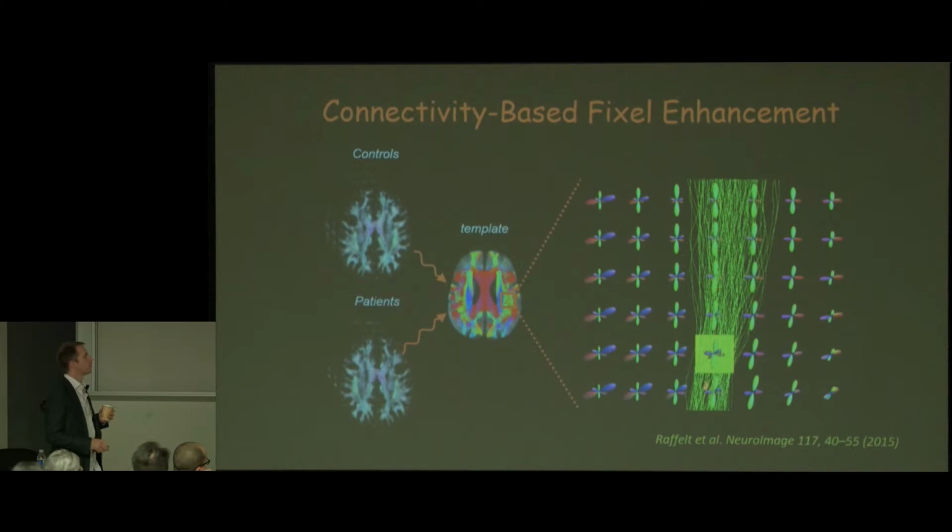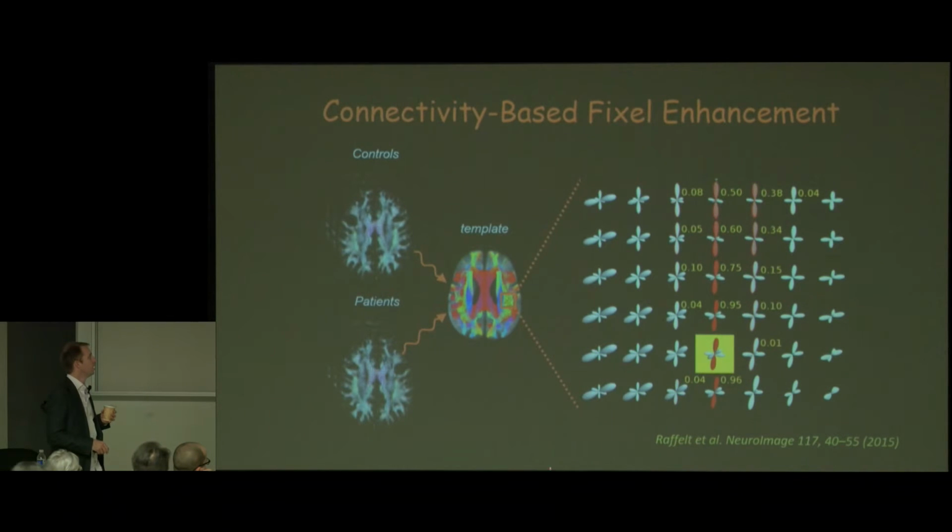These tell you something about how you'd expect changes in that fixel to correlate with changes along fixels downstream. And we can provide an estimate of the connectivity between these different fixels. So you get a fixel-to-fixel connectivity estimate.